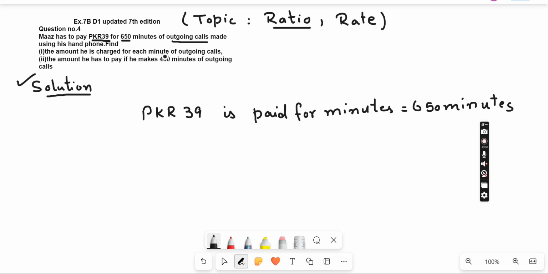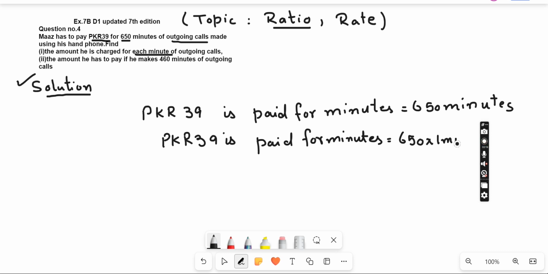Then in the solution we have to talk about what he has to pay for each minute, or 1 minute. As we've done earlier in the previous question, we'll write it in this way, and we can even write it like 650 into 1 minute.